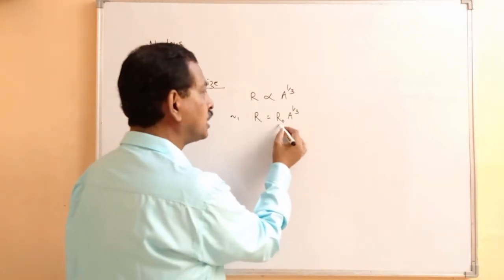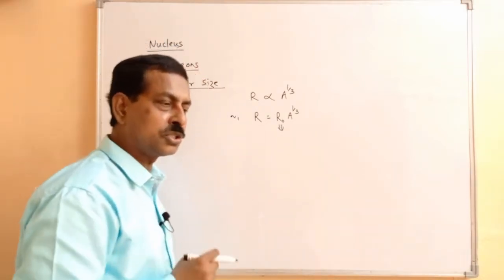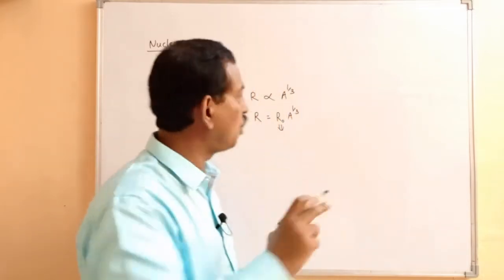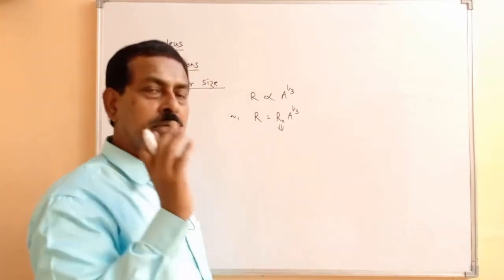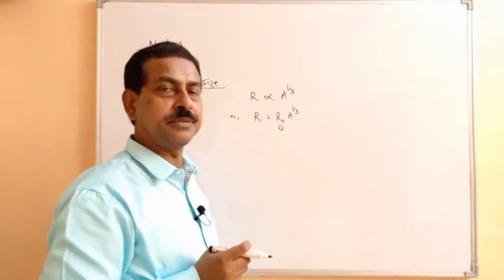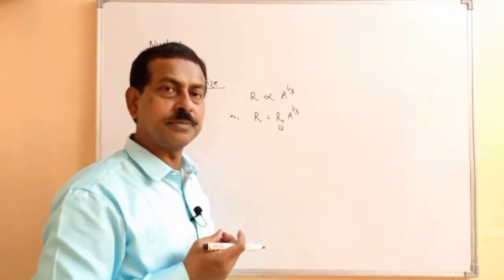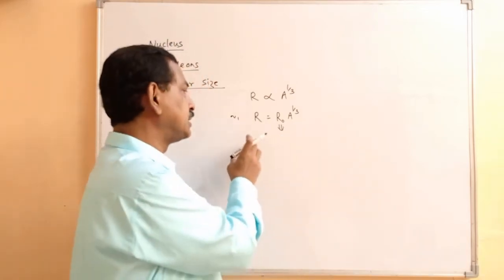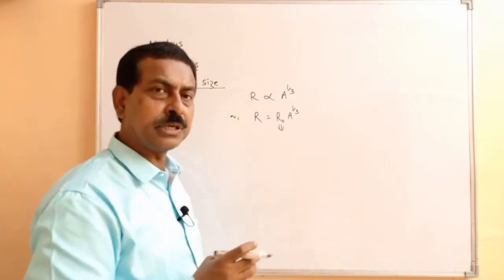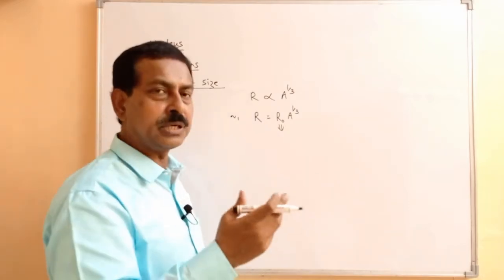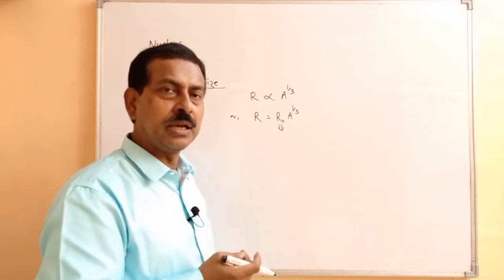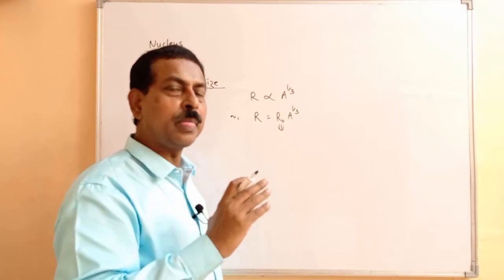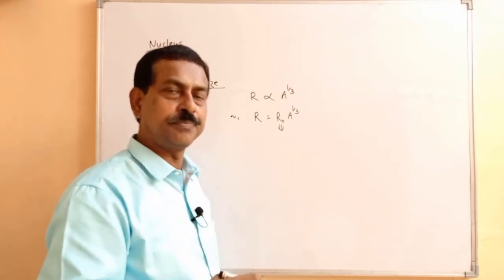Now this R naught is a constant, a proportionality constant. But there is a very unique thing about it. The value of R naught depends upon the type of nucleus it is. If it is a lighter nucleus, its value is something different. If it is a mid-range nucleus, it is different. For a heavier one, it is different. In fact, the value of R naught ranges from 1.1 Fermi to 1.3 Fermi.